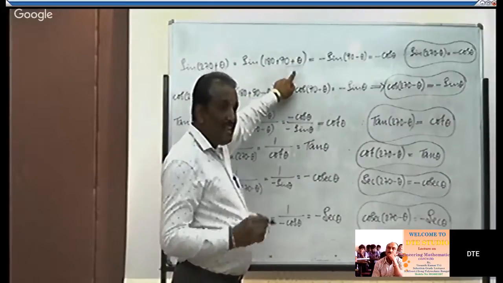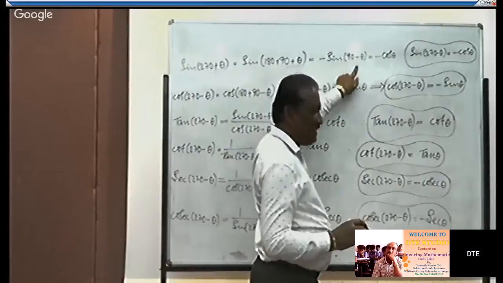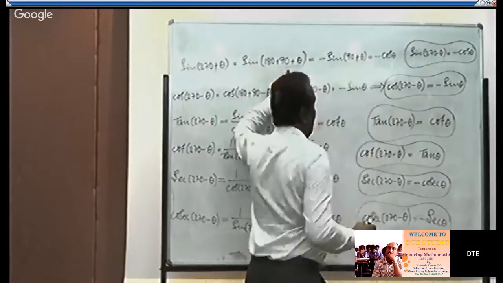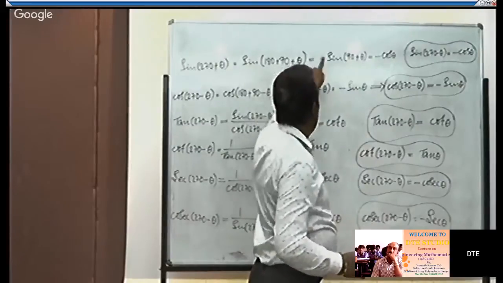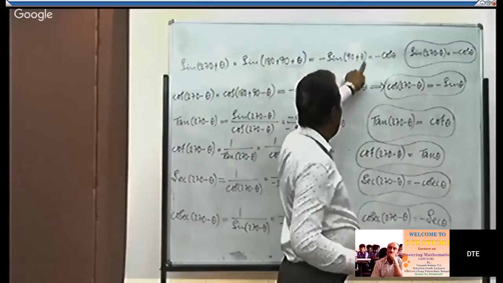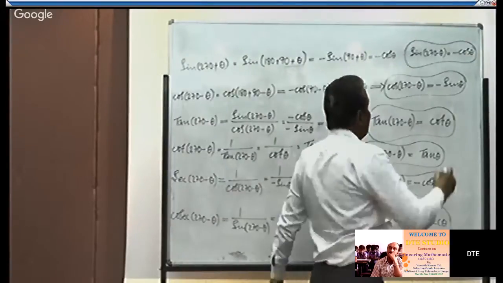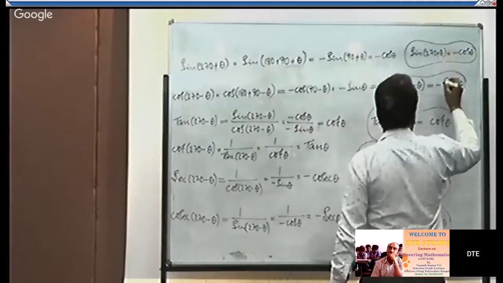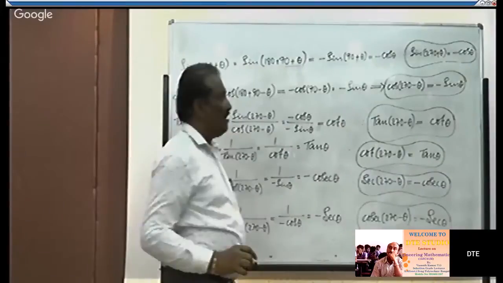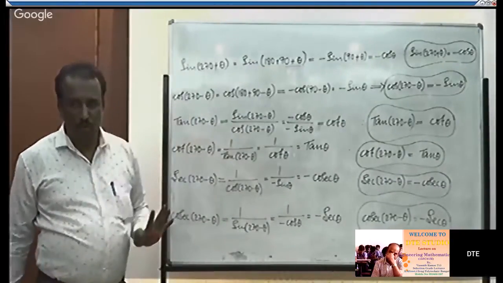We know that sine of 180 plus theta is minus sine theta. In the place of theta, it is 90 plus theta. So minus you can write as it is. We know that sine of 90 plus theta is equal to cos theta. Therefore, sine of 270 plus theta is equal to minus cos theta.